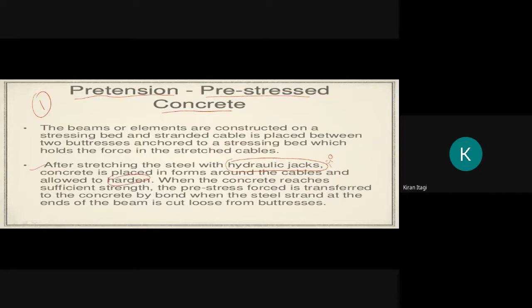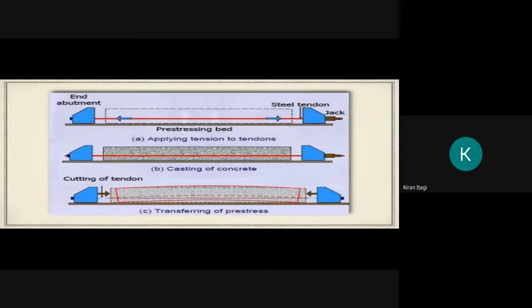When the concrete reaches sufficient strength, the pre-stress force is transferred to the concrete by bond. Remember this while answering the difference between pre-tension and post-tension. In the next figure I will show you. When the steel strands at the ends of the beam are cut loose from the abutments. So here you can see this is my end abutments. These are my steel tendons.